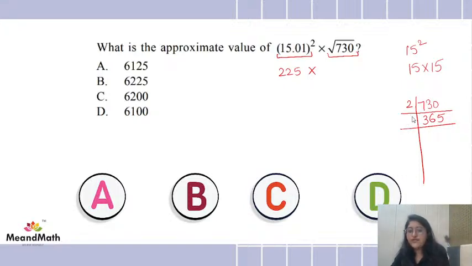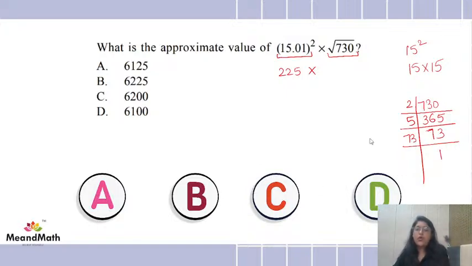Okay, let's do the prime factorization. On the table of 5, 5 and 35, 73. Now 73 as 1.